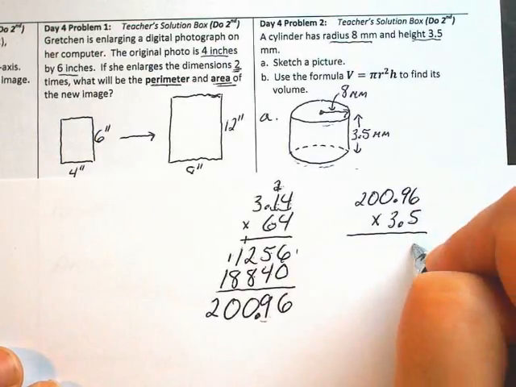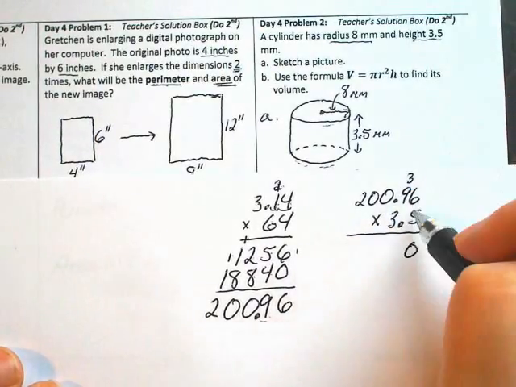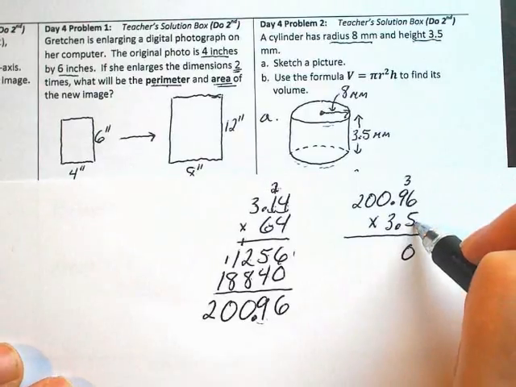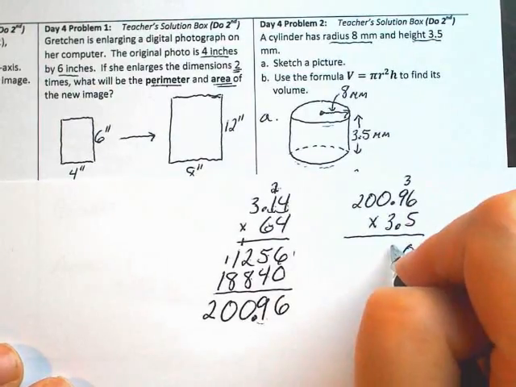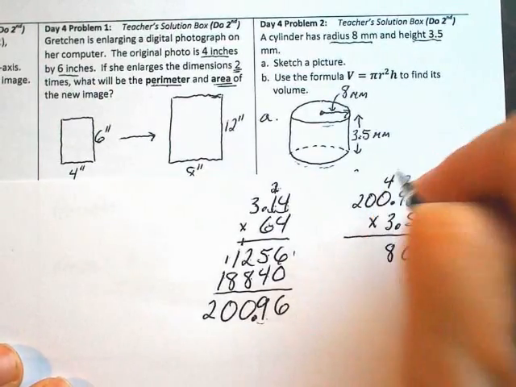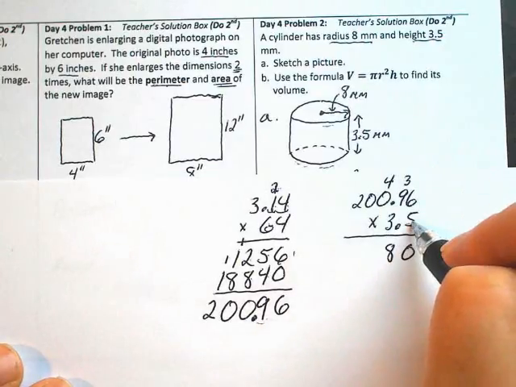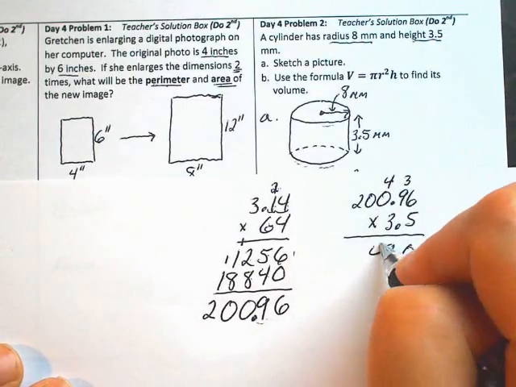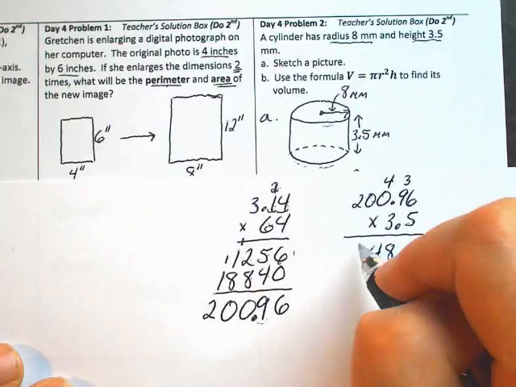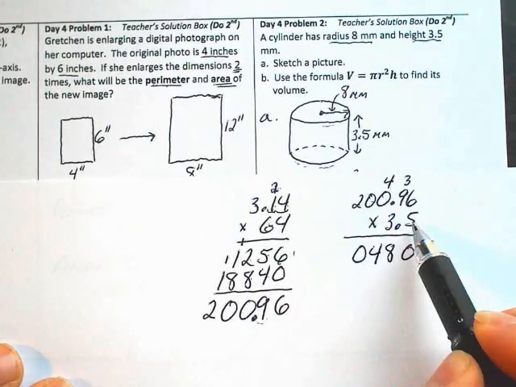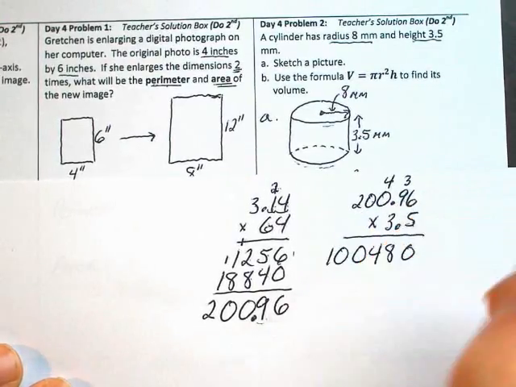6 times 5 is 30. Write the 0, carry the 3. 9 times 5 is 45, plus 3 is 48. Write the 8, carry the 4. 0 times 5 is 0, plus 4 is 4. 0 times 5 is 0. And 2 times 5 is 10.